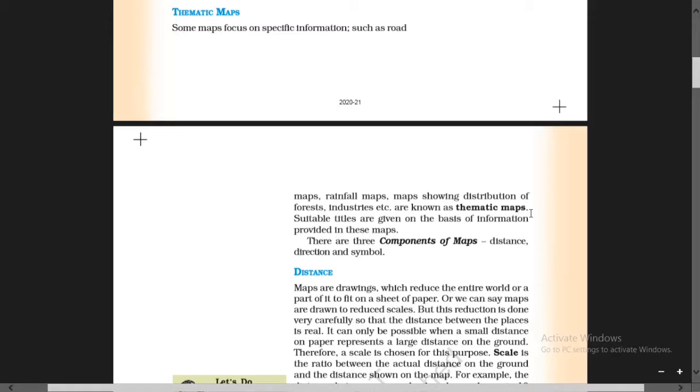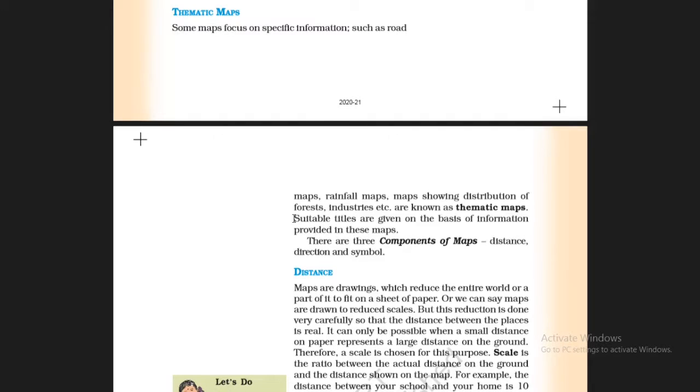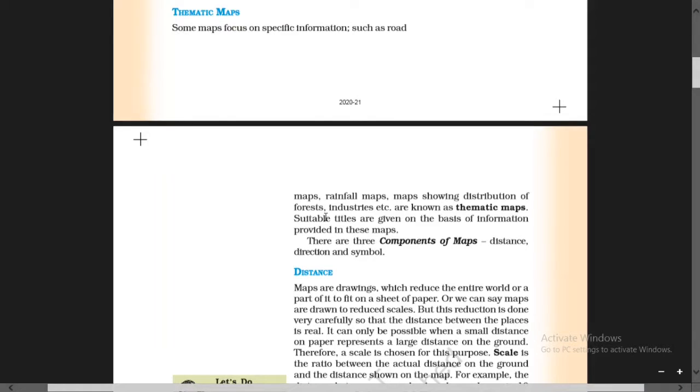As example, road maps, rainfall maps, maps showing distribution of forests, industries, etc. are known as thematic maps. You must be clear on this. And the difference of all the three, I think you are clear here, boys.